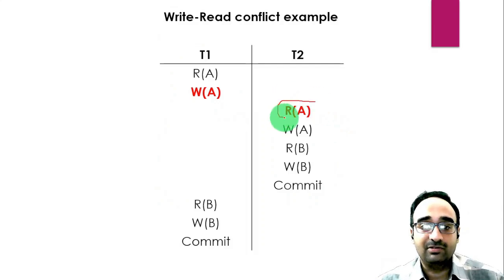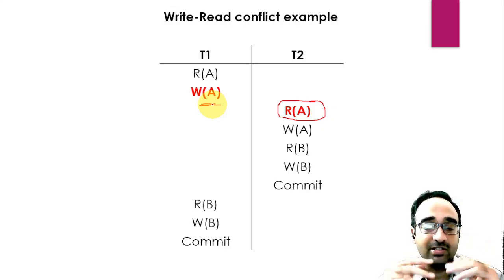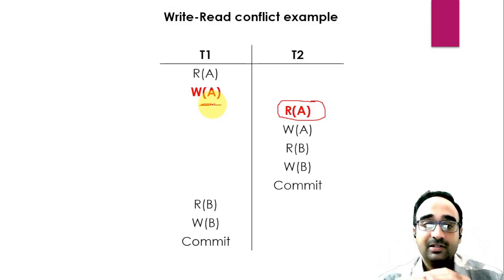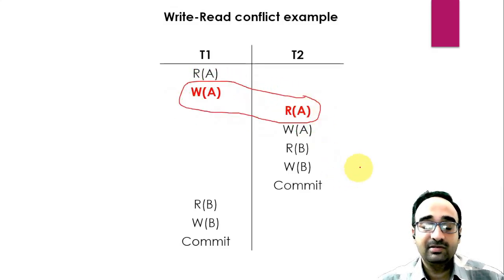Why we are saying dirty read is because T2 is reading something which is not committed. Whatever value T1 has written is temporary, it is not permanent, because it didn't commit. It is temporarily stored somewhere in the buffer. So that's why this is called dirty read, and this conflict is write read conflict.